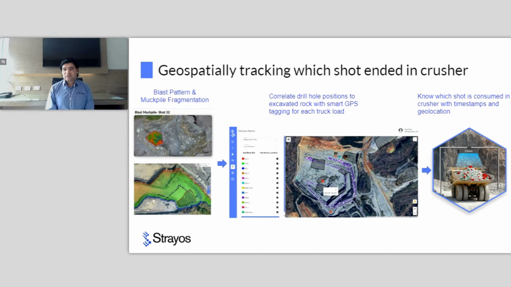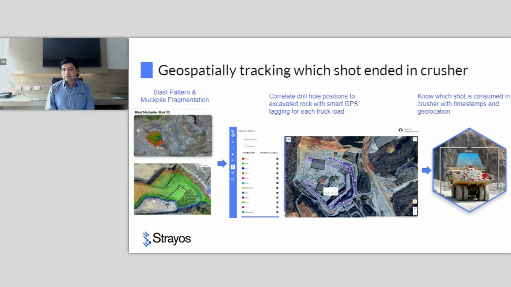And how we can do that is we apply smart GPS tagging to each truck load that is coming to the crusher. The camera has an identifier to correlate each timestamp along with that GPS ID for that truck or loader, whatever type of equipment is bringing the material in at the plant.